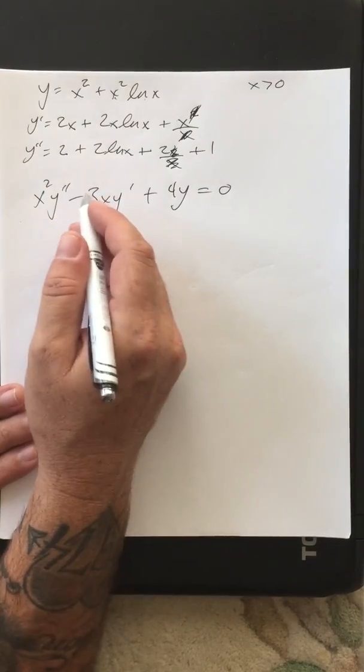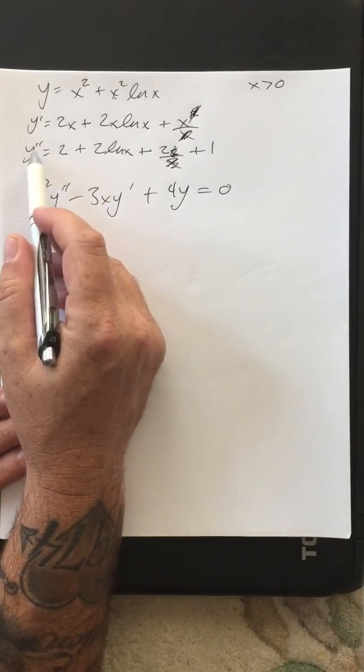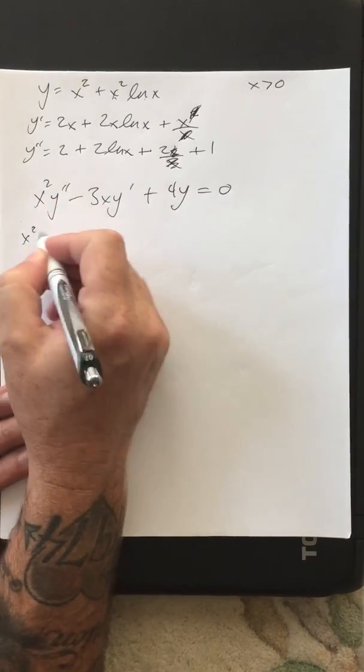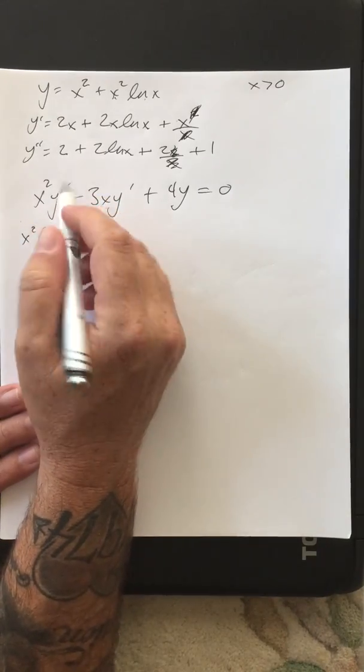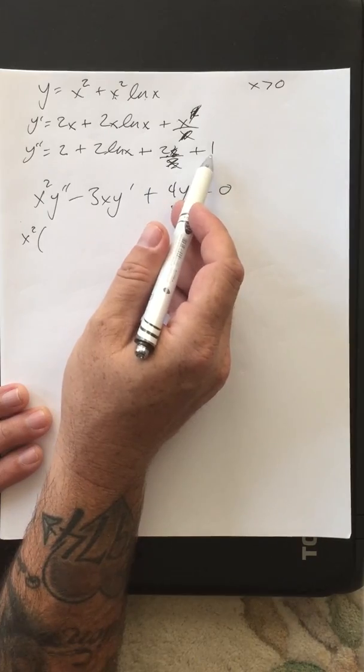So the first thing we need is y double prime. Y double prime is right here. So it's x squared times y double prime, which, let's simplify it, 2 plus 2 is 4 plus 1 is 5.